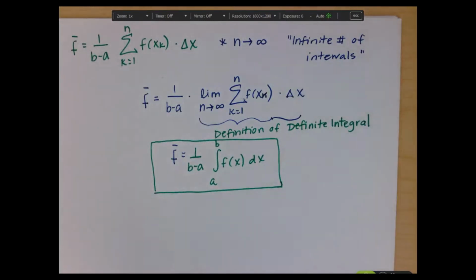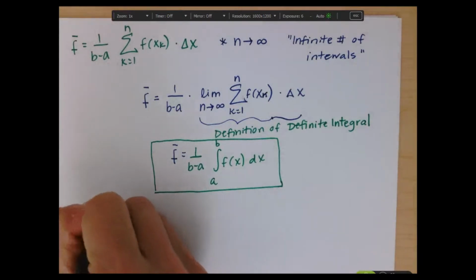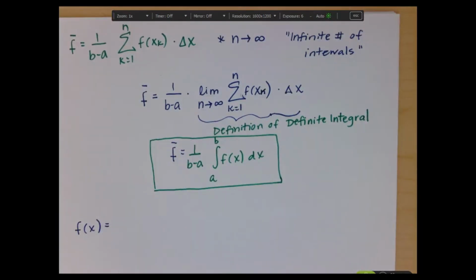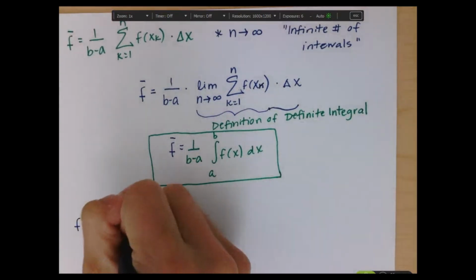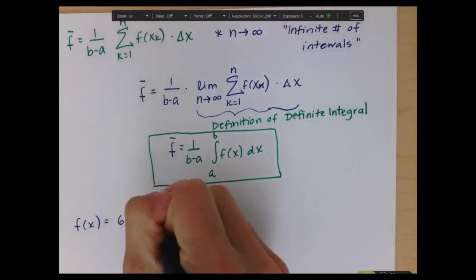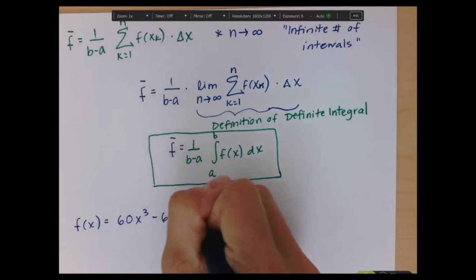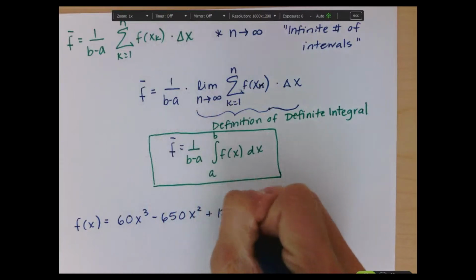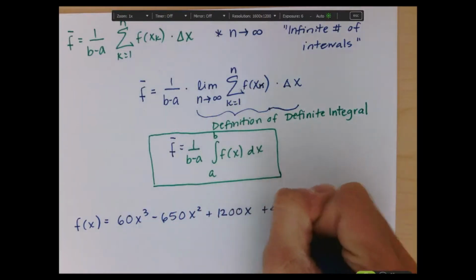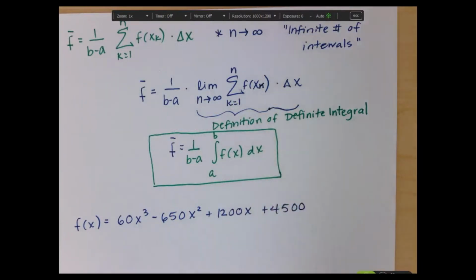Okay, so back to the elevation of that hiking trail, which was given as 60x cubed minus 650x squared plus 1200x plus 4500.